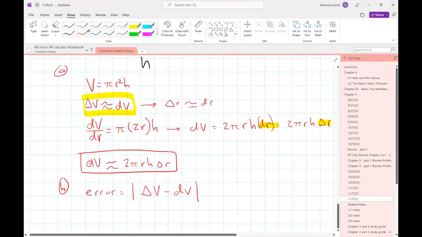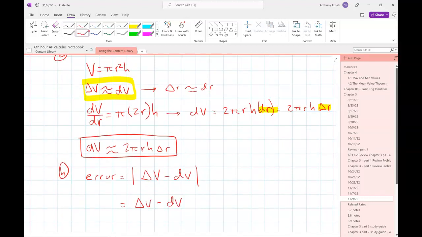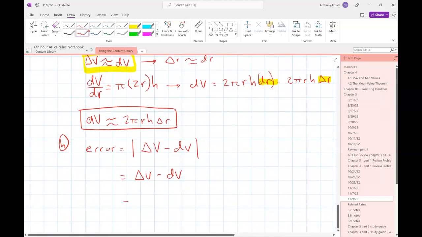So I'm going to drop the absolute value here because I know it's going to be a positive value. So the dV we know, that's just what we did in the previous part.